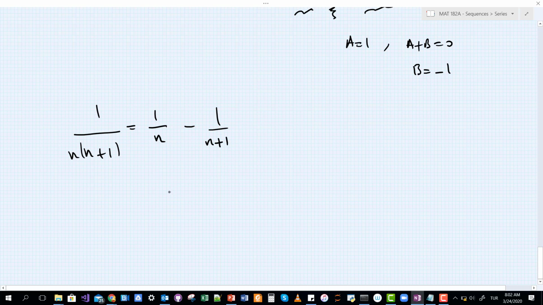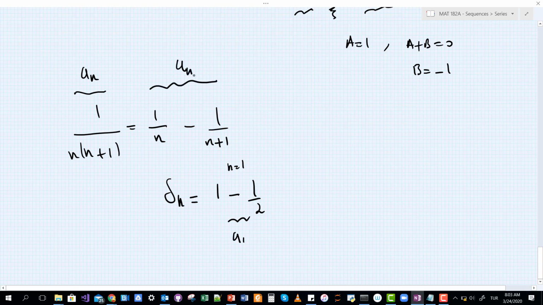First of all, I'm going to create the sequence of partial sums one more time. When n is equal to 1, a1 is equal to 1 minus 1 over 2. So when n is equal to 1, this is going to be my a1, since for my general term, now instead of this, I can use this one.